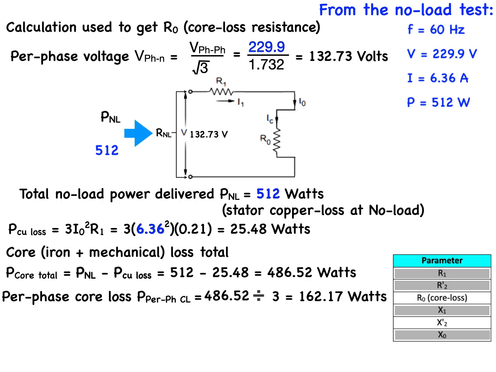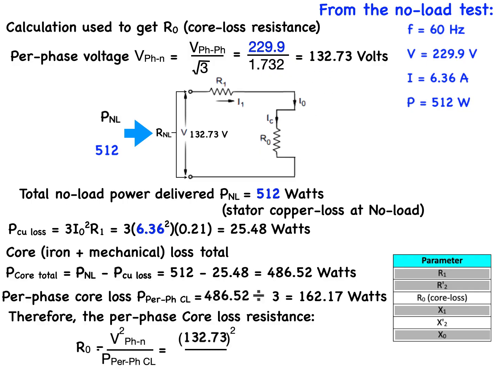Therefore, the per-phase core loss resistance may be found by dividing the per-phase voltage squared by the per-phase core loss power, which gives us 108.64 ohms, which provides us with another item on our parameters list.